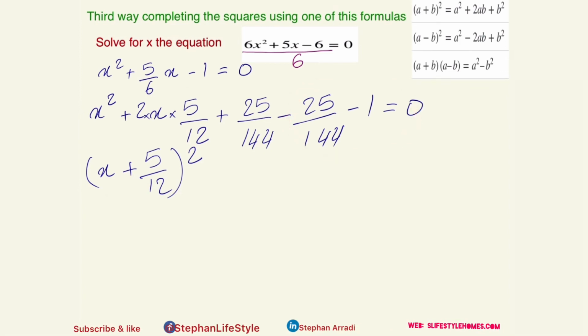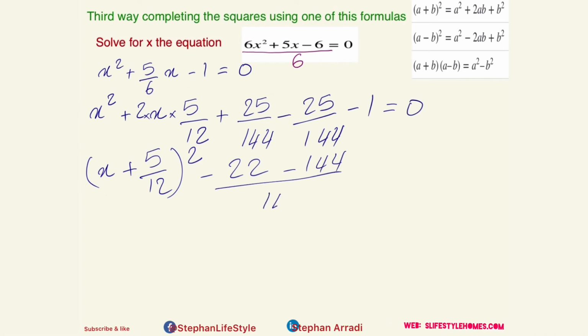So it is going to be minus 25 minus 144 over 144. We have to find the common denominator, which is 144. We have to multiply 1 by 144 and divide it by 144. So that gives us this here, and everything is equal to 0.